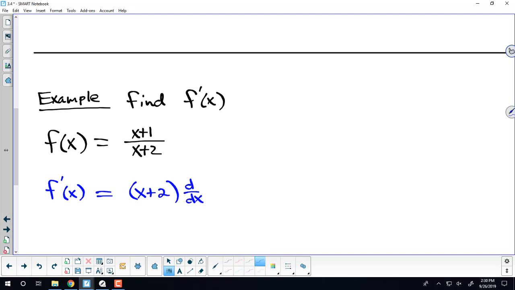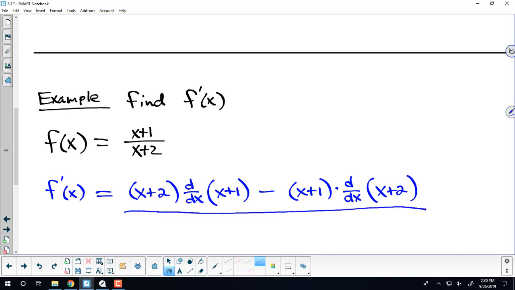And again, I'm just going to write down every time I say derivative instead of just computing the derivative. Bottom times the derivative of the top minus the top times the derivative of the bottom. All of that's over the bottom function squared.